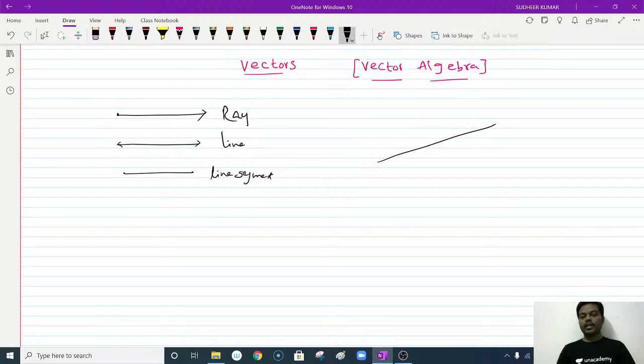If we consider this line segment and the arrow mark is between the endpoints, then we'll call this a directed line.